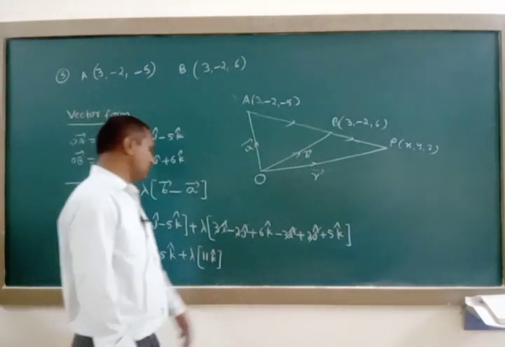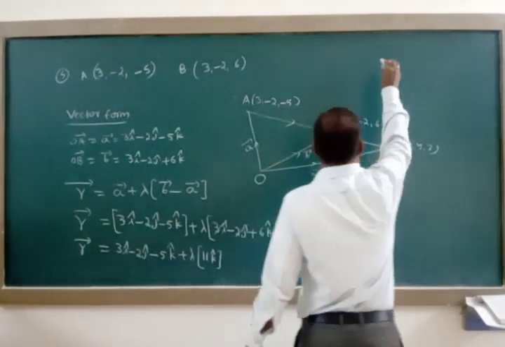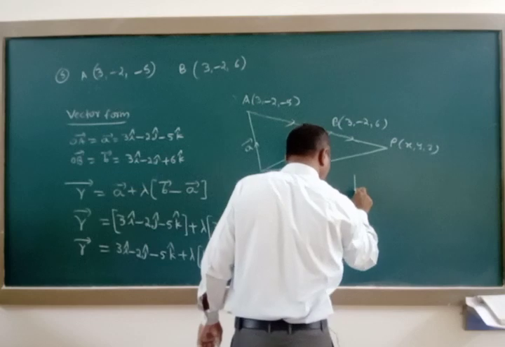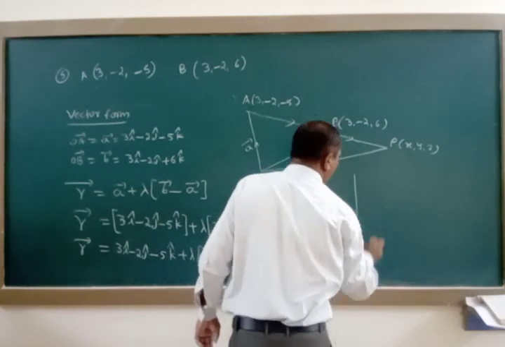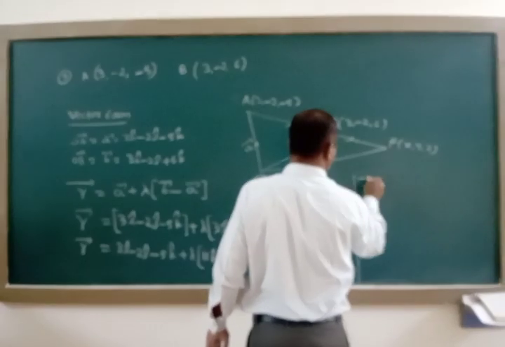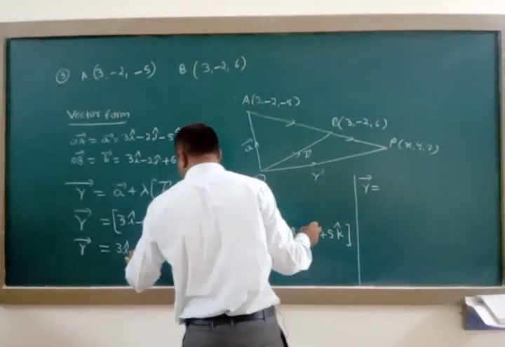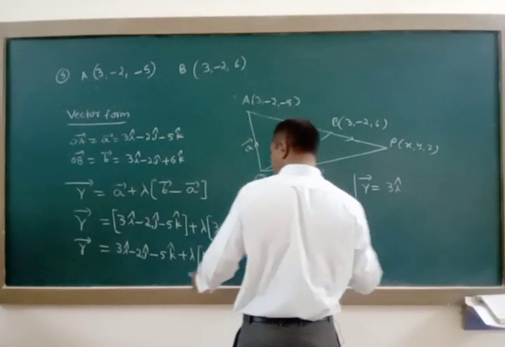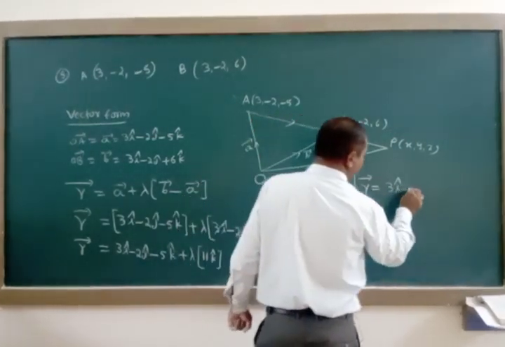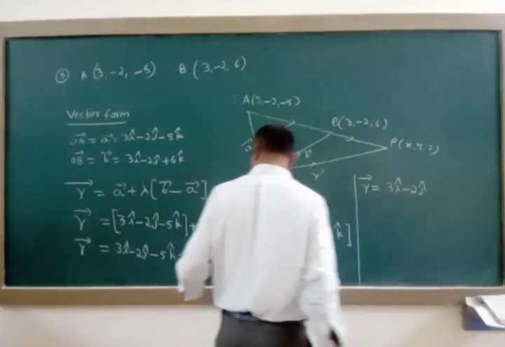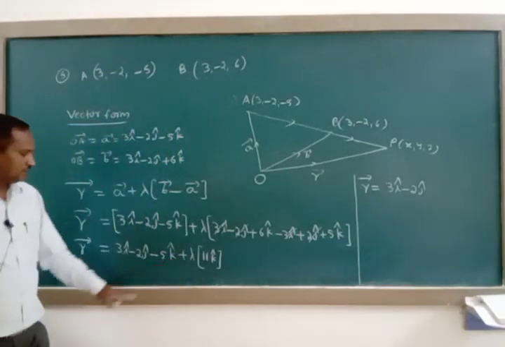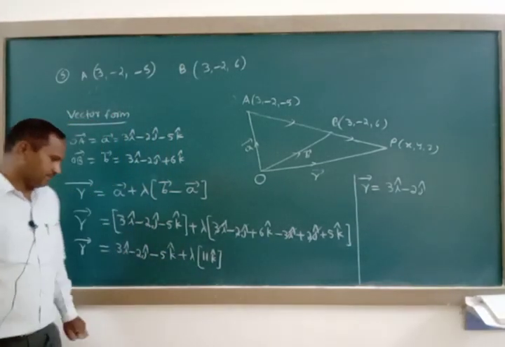On simplification, I should write it separately: R vector equals 3i cap only, since i cap is one term; j cap is also one term, that is minus 2j cap; minus 5k cap, and plus 11 lambda k cap.